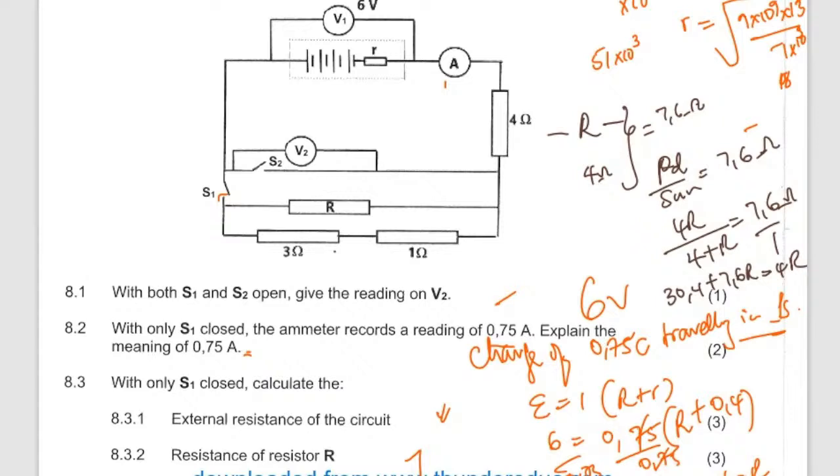Why am I getting something different? Is it going to make sense? 7.6 minus 4 is 3.6. 30 divided by the answer, you get 8 or something, which doesn't make sense.